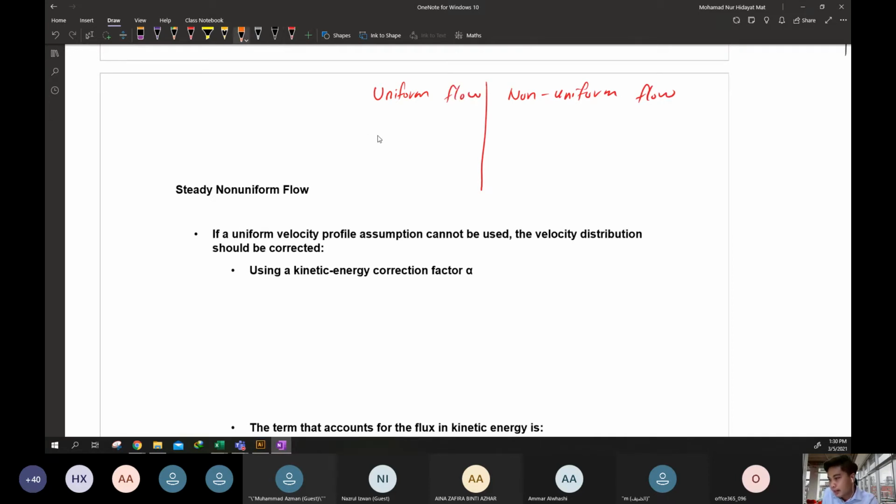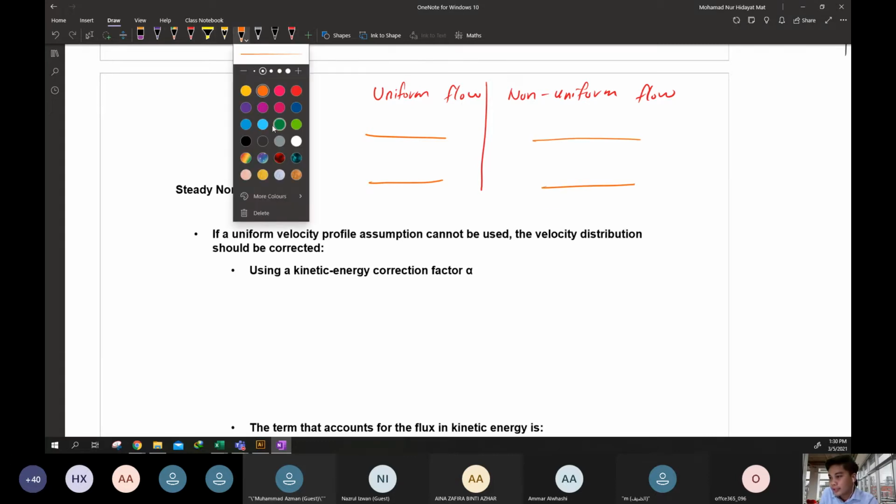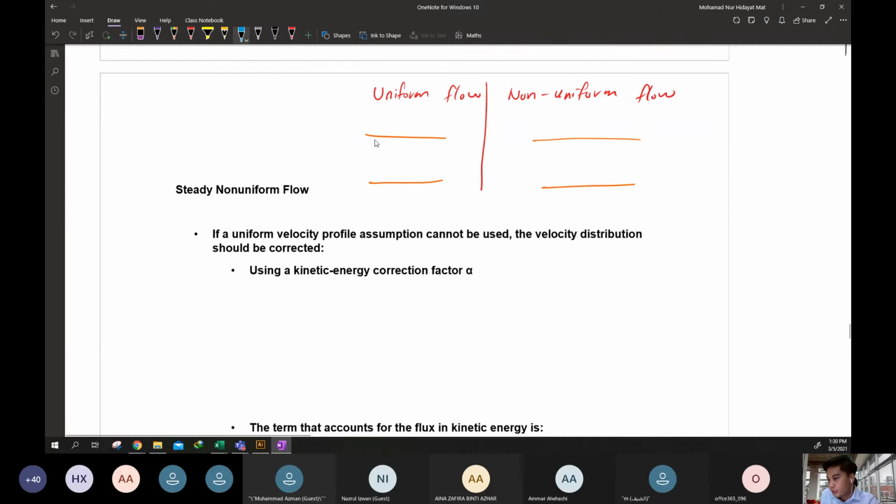So let's say this is the pipe, and then we have the water section. For the uniform flow, from here to here is the same. We ignore the friction. The pipe friction, it is the same. Uniform, you can see, the standard, the same length.